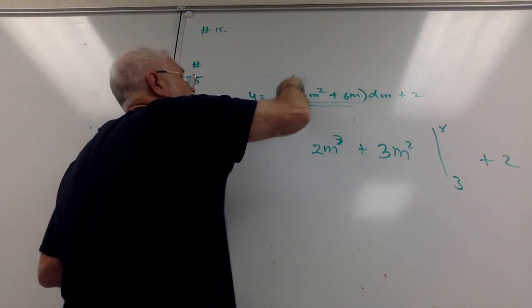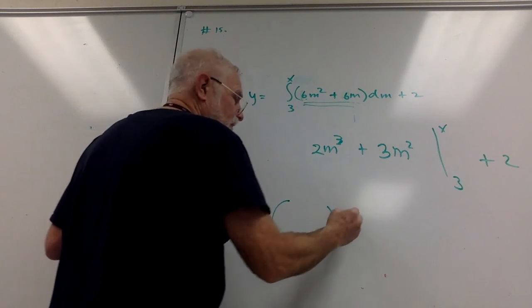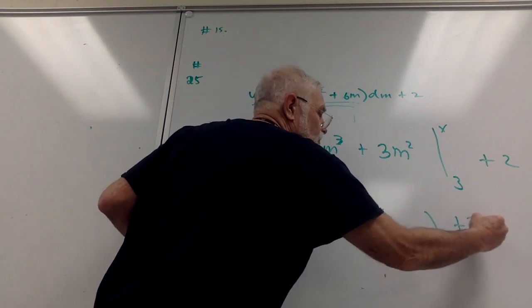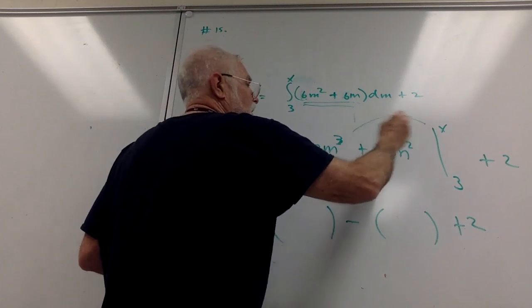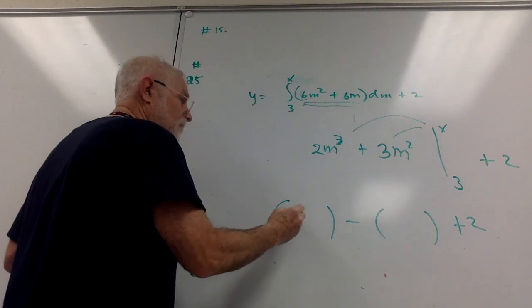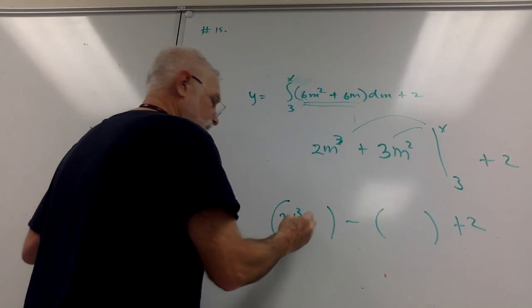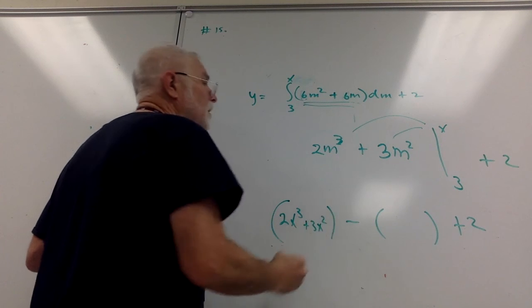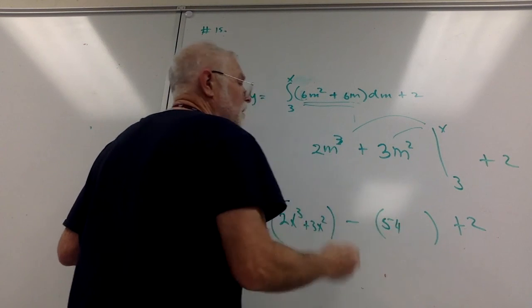Can't accumulate area if you have no widths. So I know this is a parentheses minus a parentheses plus 2. What am I going to drop into the first parentheses? Oh yeah, x. That becomes a function in terms of x. That's what I was looking for. Oh, 3 cubed, 27 times 2 is 54.